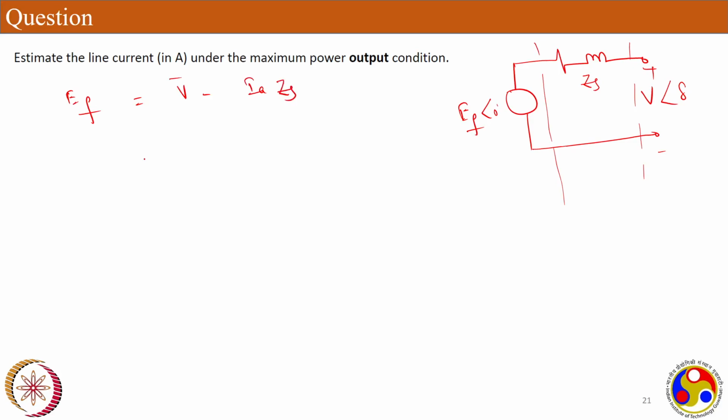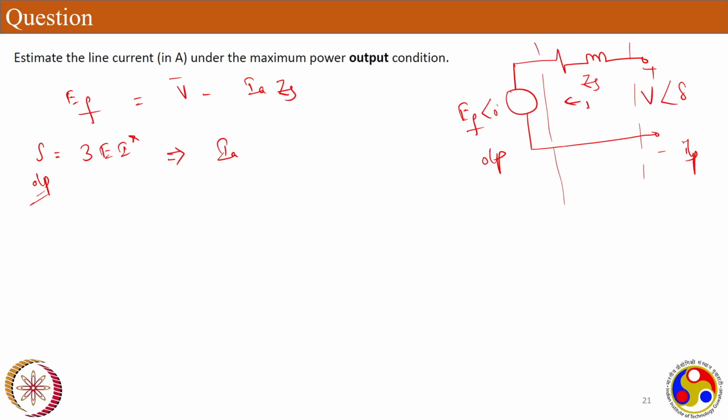That we know, and now we have to calculate the complex gross output power. So complex power S, same thing, first we will calculate the complex power, then we will get the real power from that. 3 EI conjugate at the output side, right? This is the output side. So we need to calculate the current first.